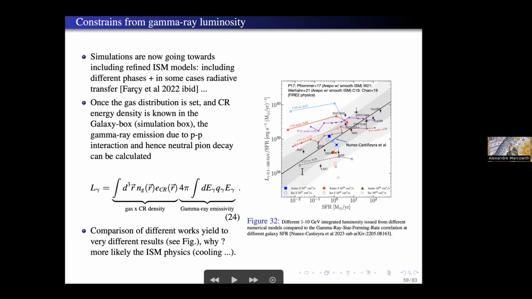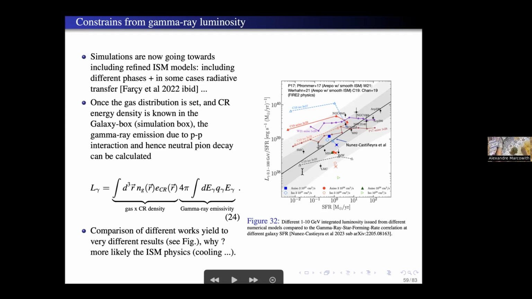There is some agreement on the order of magnitude of the reduction of star formation rate by cosmic rays, but for the exact cosmic ray physics in each galaxy there is a huge dispersion. This is likely connected with the gas models used in the different simulations, which produce a huge scattering because of this term.